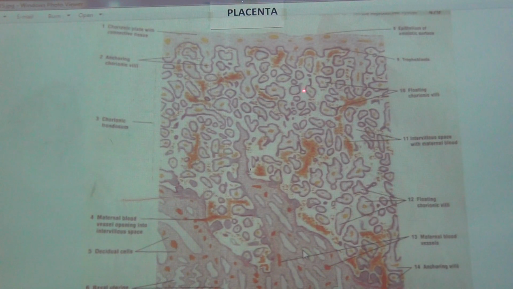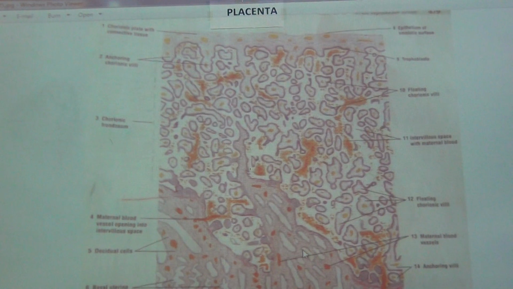Now these villi in the center are the floating villi. The space between the two villi is called the intervillous space, and this space is filled by the maternal blood.